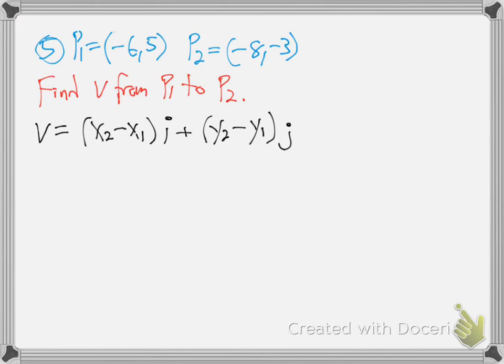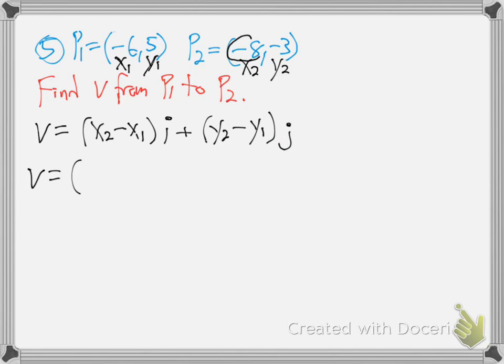See if you can figure that out from there. Give you a second. Okay, so this is x1, y1, x2, y2. All right, so let's give this a try here.